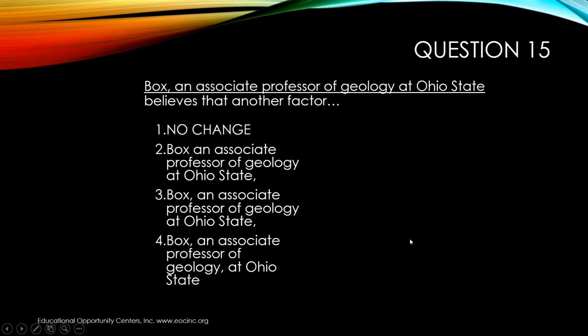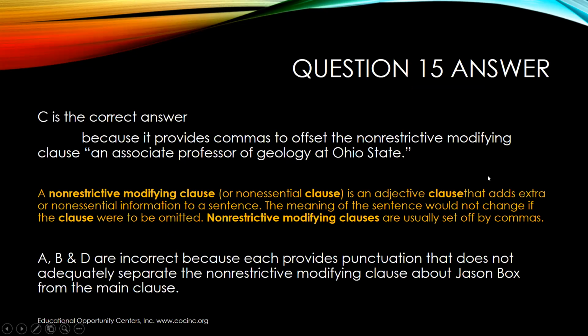How about question 15? Carolyn, we have two C's and a B. The correct answer is C. Wait, real quickly, that B was changed to a C. Awesome. So here's where we're looking at a modifying clause, using the commas correctly.